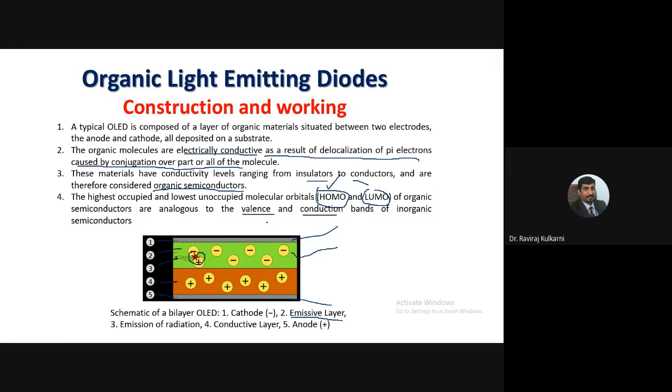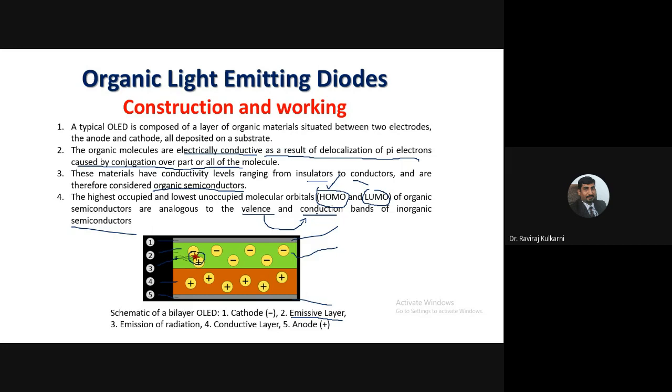When electrons present in the valence band are pumped to the conduction band, it becomes conducting. Commercially known inorganic semiconductors like TiO2 and silicon have a valence band rich in electrons, and electrons are pumped to the conduction band using light energy or electrical energy, whatever it is.